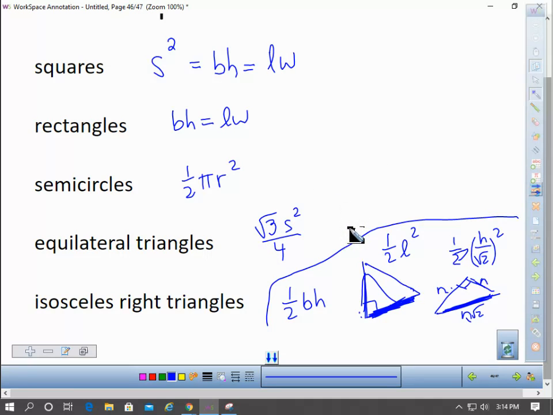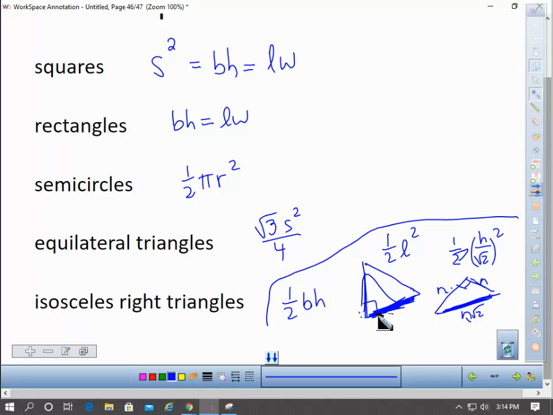And then for the other one, for these down here, isosceles right triangles, it depends on which side of the triangle is laying down on the area what you have to do to figure out the area of the triangle, because you're going to use 1/2 base times height, where the base and the height are the same.